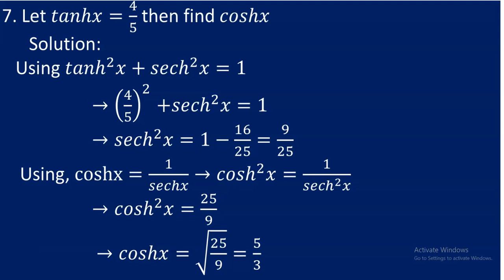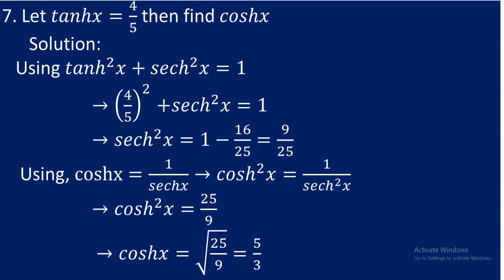This shows you that the range is 1 to infinity. Basically, cosh of x has a range 1 to infinity. So, having this range, how can we have a negative output for cosh of x? We can't. Because of this concept, the value from the square root must be positive. So, take the positive square root of 25 over 9, which makes 5 over 3.